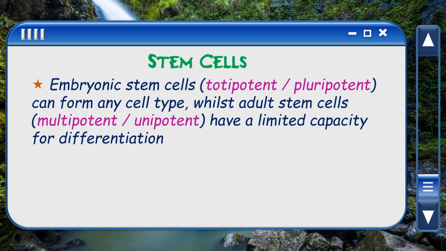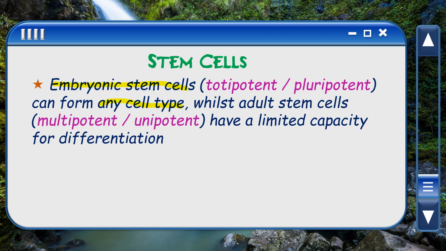Now, we have embryonic stem cells. These are totipotent or pluripotent. They can form any cell type. Whereas adult stem cells are multipotent and unipotent.